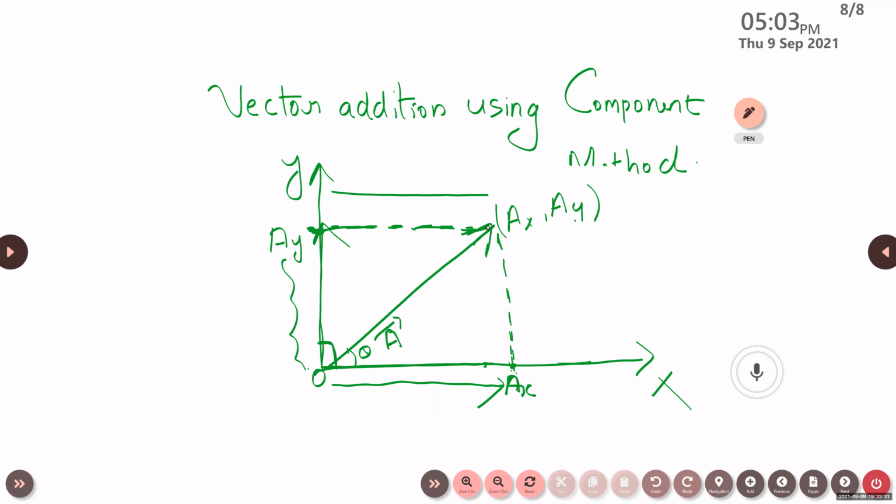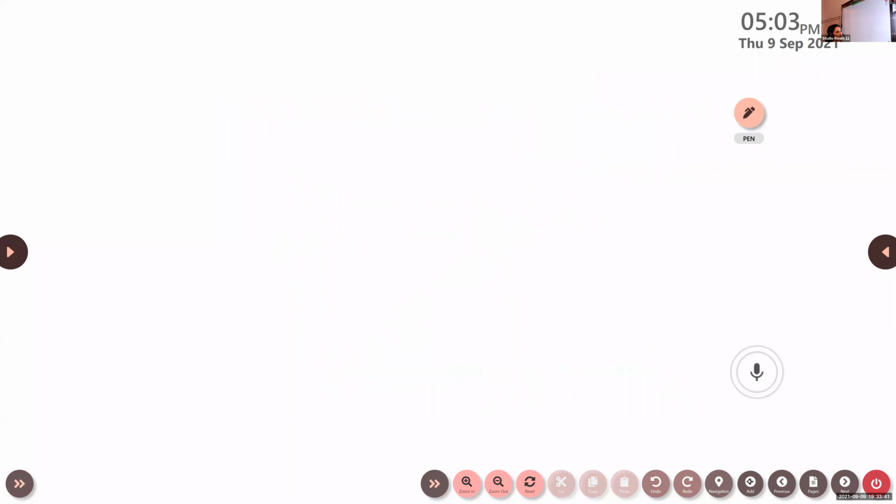Unit vectors are those vectors with magnitude equal to 1. That is what is known as a unit vector. We represent the unit vector with the help of a cap. A cap is used to represent unit vectors.